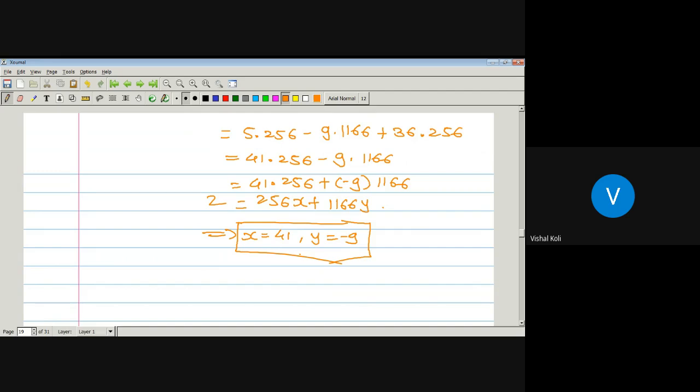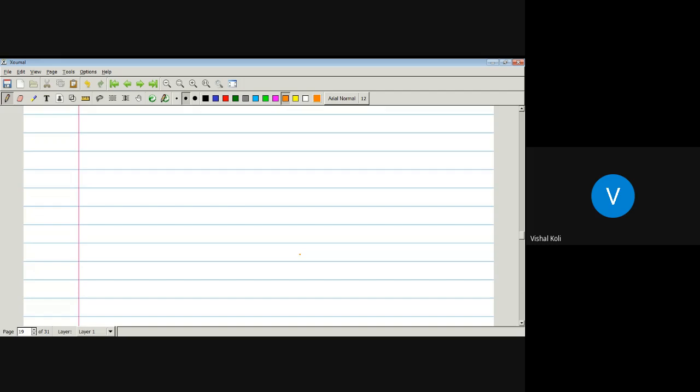Now the next concept is the linear Diophantine equation. First, what is a Diophantine equation?